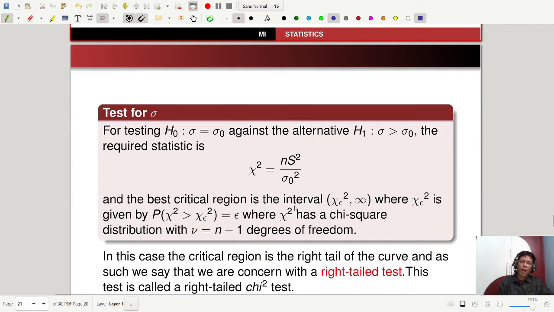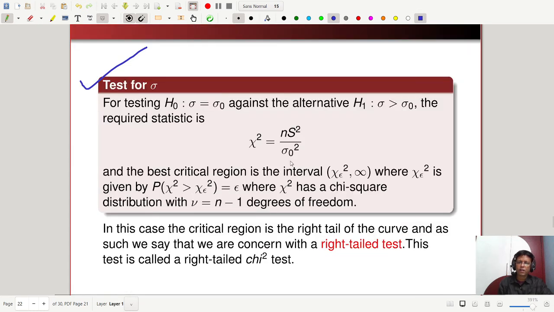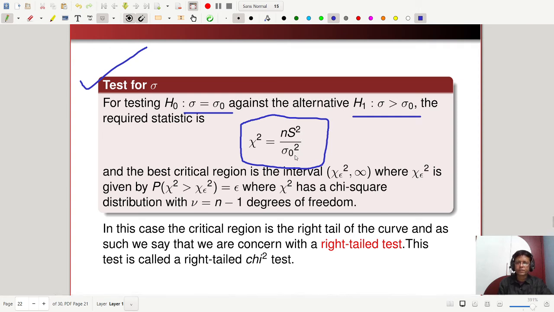Next, what will happen for test for sigma? So the null hypothesis is sigma equal to sigma naught against the alternative sigma more than sigma naught. The required statistic is a chi-square distribution, chi-square test. So the statistic is the chi-square test, and it's given by chi-square equal to n s square, sample variance, by sigma naught square.